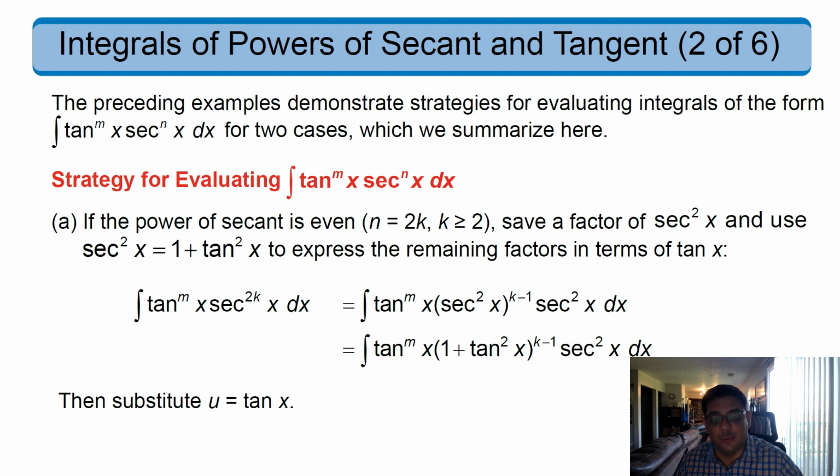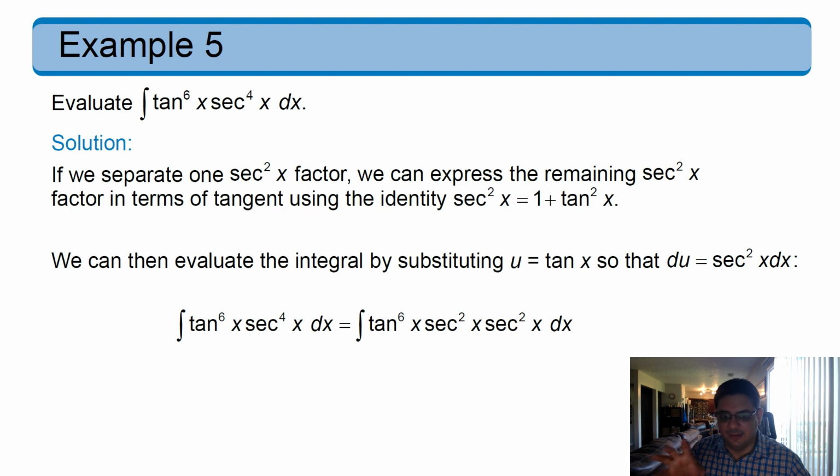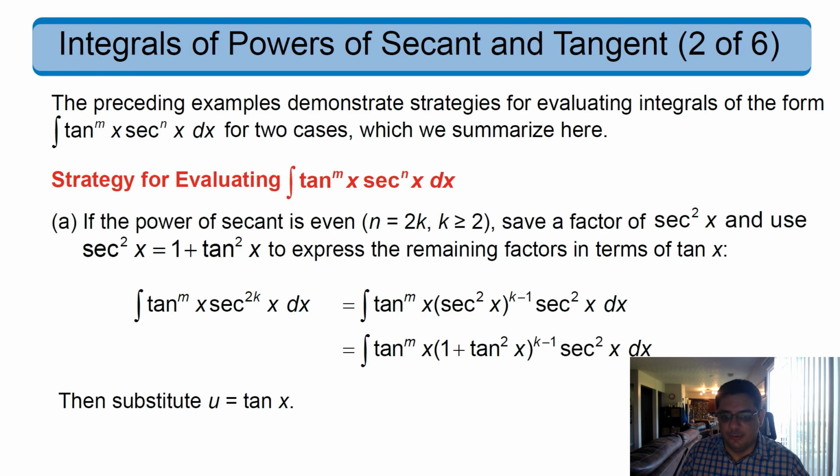And then we transform that piece into 1 plus tangent squared of x. And then we can do the substitution u equals tangent, which is exactly what we did in this example. That's pretty much the general rule for dealing with secant and tangent in this way.